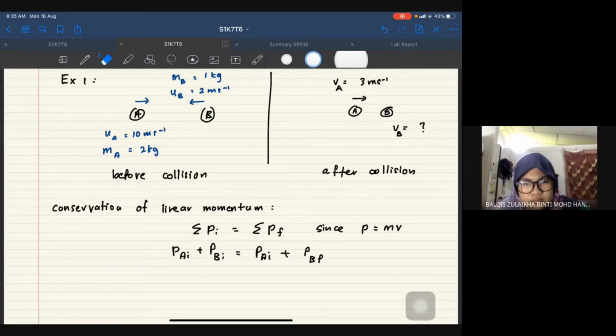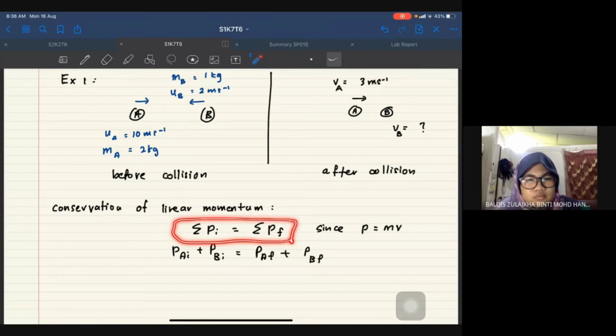Salah tulis saya tadi. This one is final. So final for object A, final for object B. Okay, this one you really need to write down dekat your punya answer, because sometimes this one ada markah satu konsep.